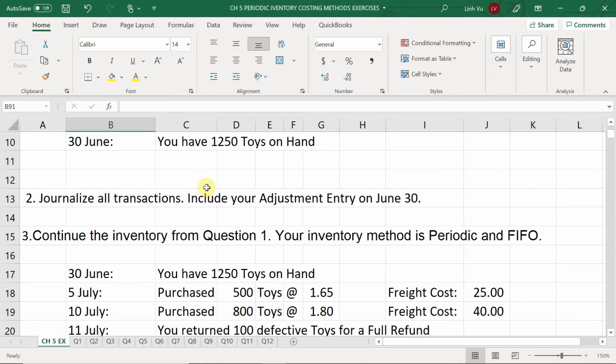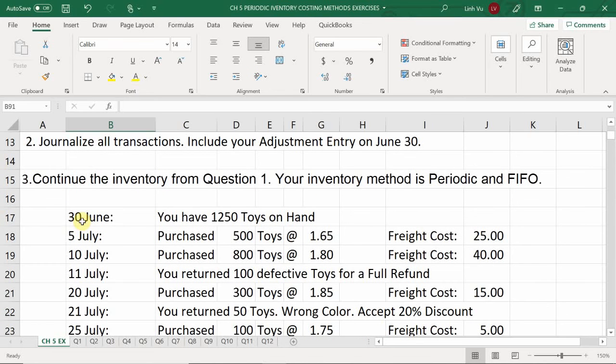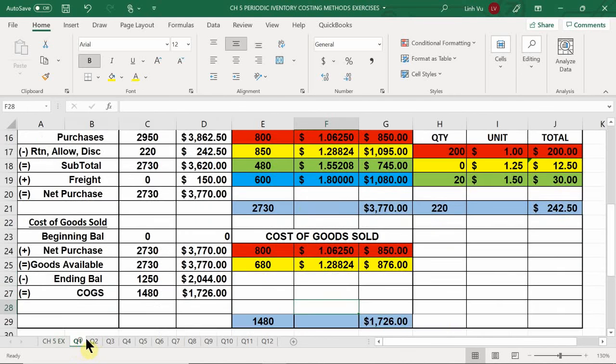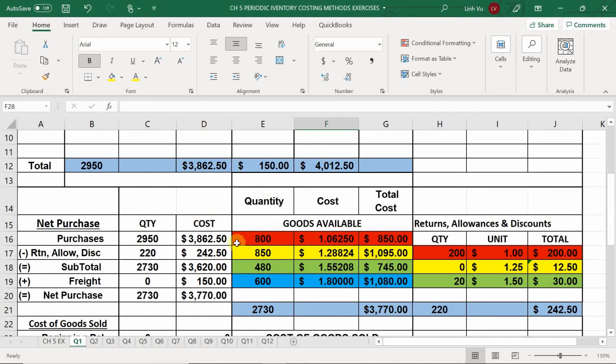On June 30th, you were given that you have a grand total of 1,250 units on hand. When we verify it from our inventory worksheet, we have a little bit from our yellow batch, our green batch, and our blue batch.